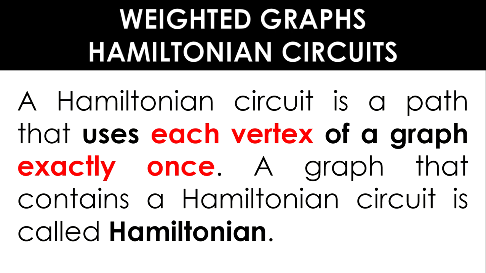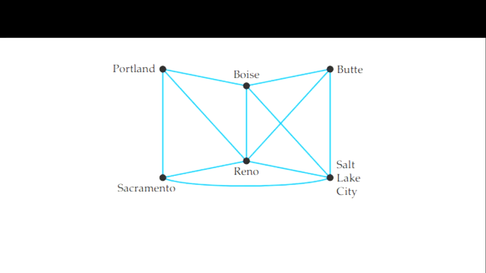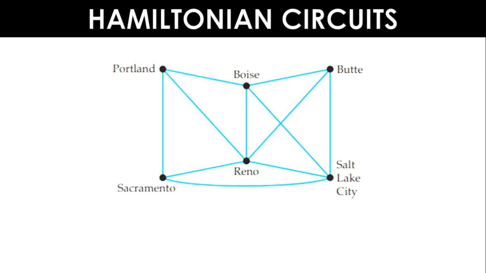Okay, and later, instead of having edges as lines, this time we're going to have edges with weights. The lines have their own weight. Later we'll have different examples for that. For weighted graphs, again, we're going to have a value for each edge. So let's have an example first.